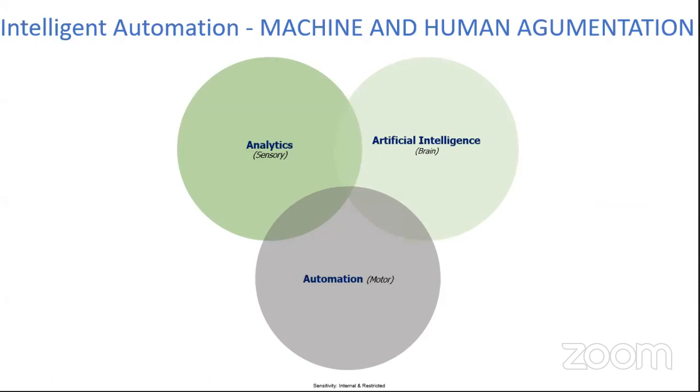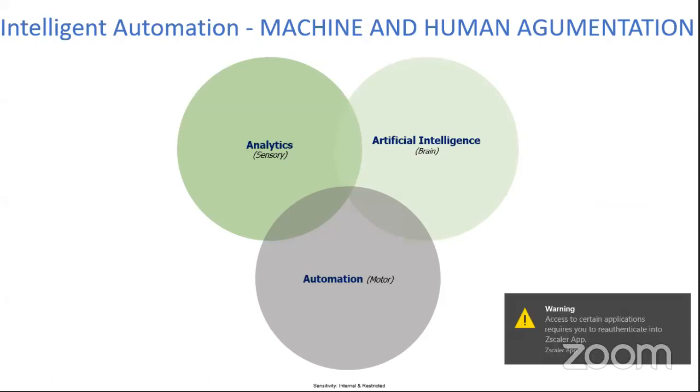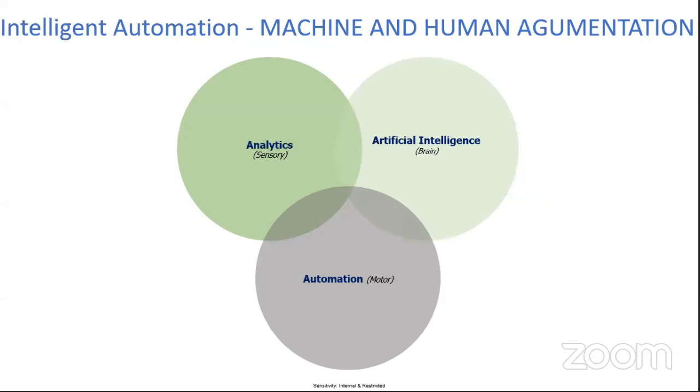Analytics is basically the sensory part, where I analyze things and give inputs. All of these in tandem work to create robotic process automation. So it includes motor skills through automation, the brain for intelligence, and the senses for analytics. This is how machine and human augmentation would happen together.